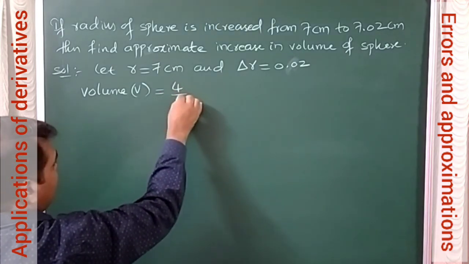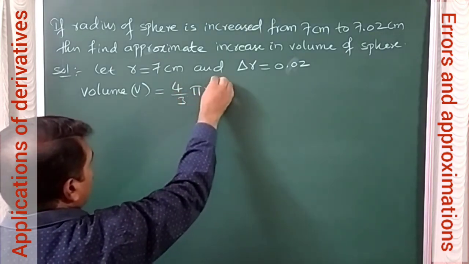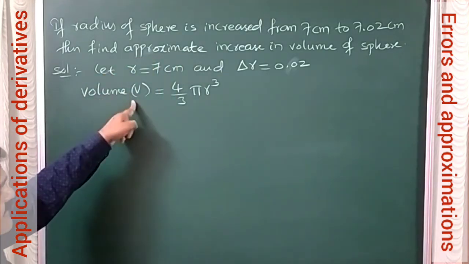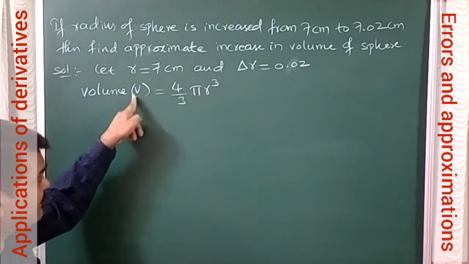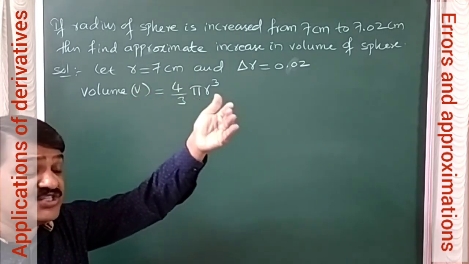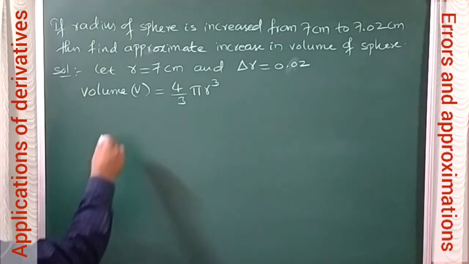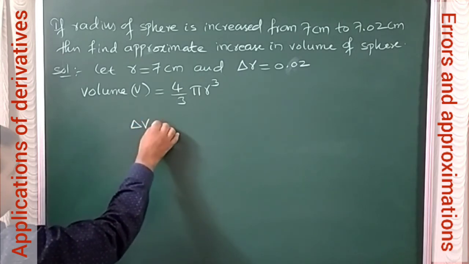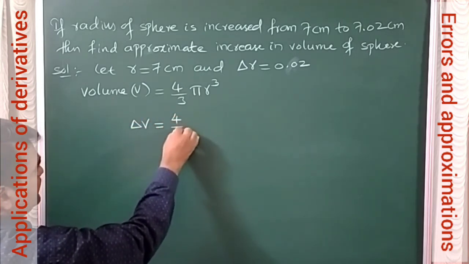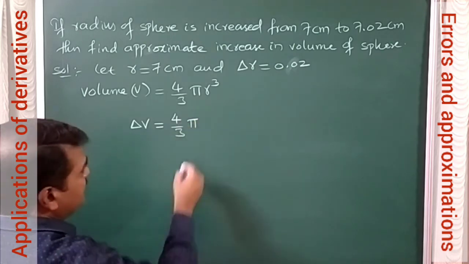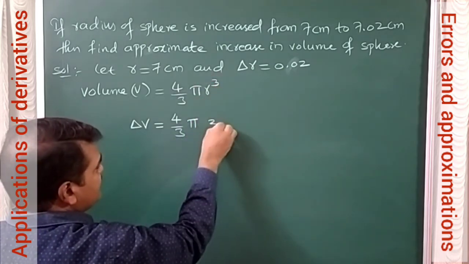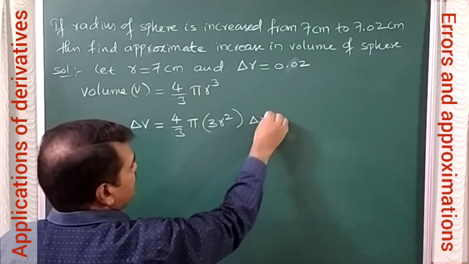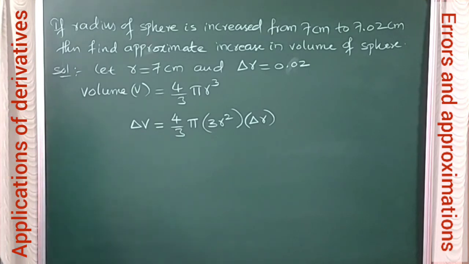What is the formula for the volume of a sphere? That is 4 by 3 pi r cube. So the volume is in terms of r. Volume is a function of r. So let us differentiate with respect to r. Therefore V derivative I will write as delta V. 4 by 3 pi is constant. 3r cube derivative is 3r square into r derivative, delta r.